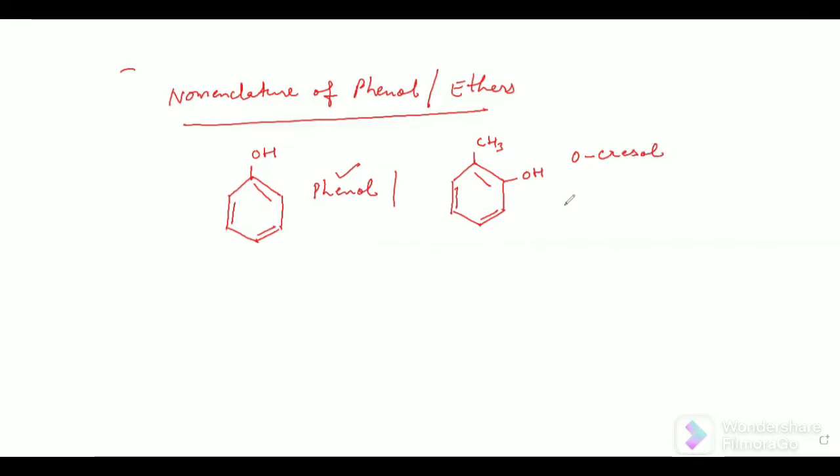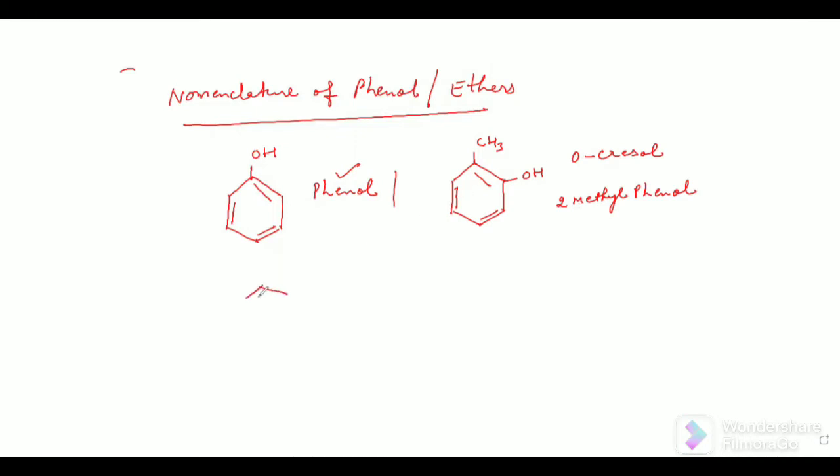Now the IUPAC name. This carbon will be taken as carbon 1, so this carbon will be carbon 2. On carbon 2 there is a methyl, so the IUPAC name will be 2-methyl phenol. I hope all of you know about ortho, meta, and para positions.